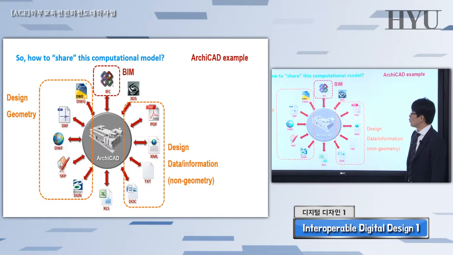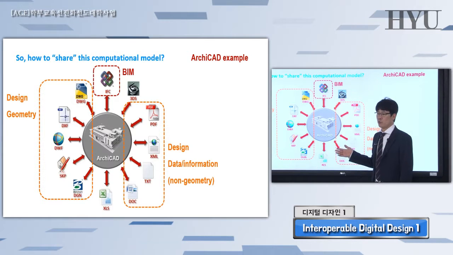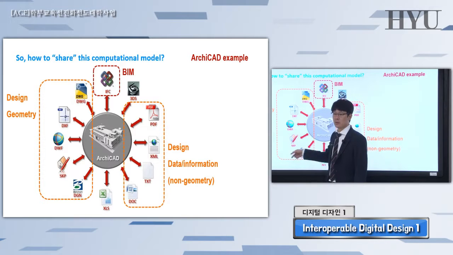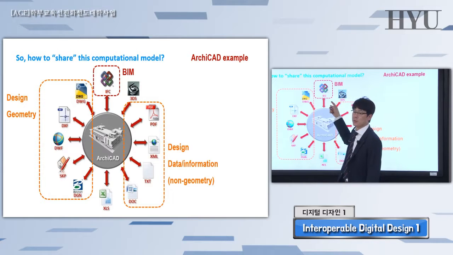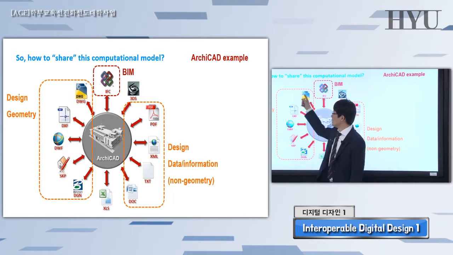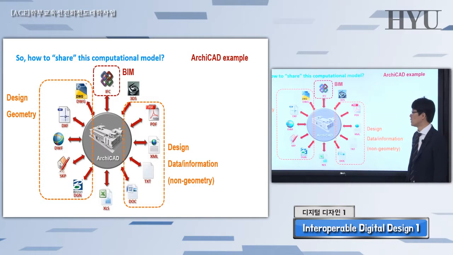So which one is your interest so far? Probably this design geometry part, okay? But actually, this part is kind of a major interest and issue nowadays in terms of interoperability, okay? But anyway, we are dealing with mostly this part, the design geometry part, but it's okay.